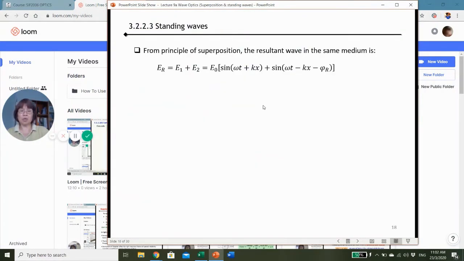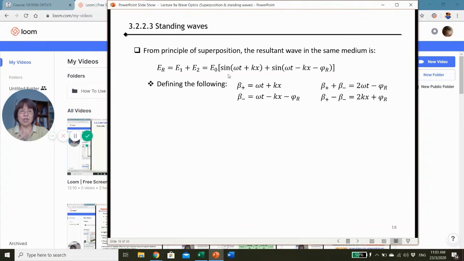Using the principle of superposition, the resultant wave would just be a linear sum of the two waves. To simplify the math, we represent this using beta plus and this using beta negative. Adding this to this, it will give us 2 omega t minus phi r.